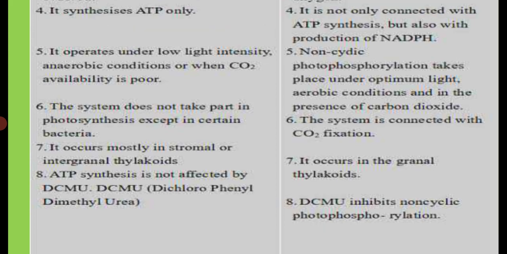Cyclic photophosphorylation mostly occurs in stromal or intergranular thylakoids, while non-cyclic photophosphorylation occurs in granal thylakoids. ATP synthesis in cyclic photophosphorylation is not affected by DCMU. DCMU stands for dichlorophenyl dimethylurea. But non-cyclic photophosphorylation ATP synthesis is inhibited by DCMU.